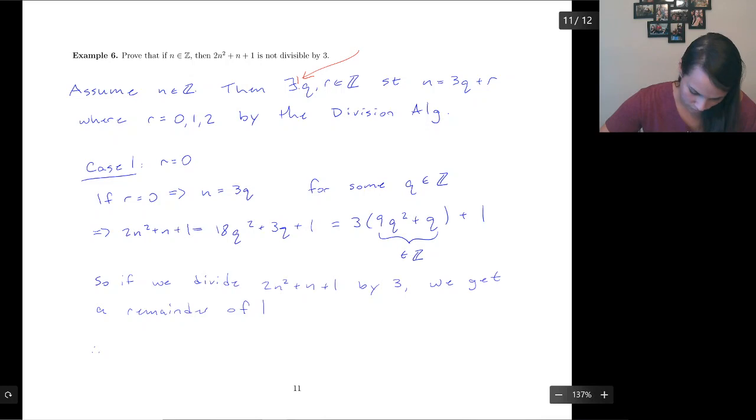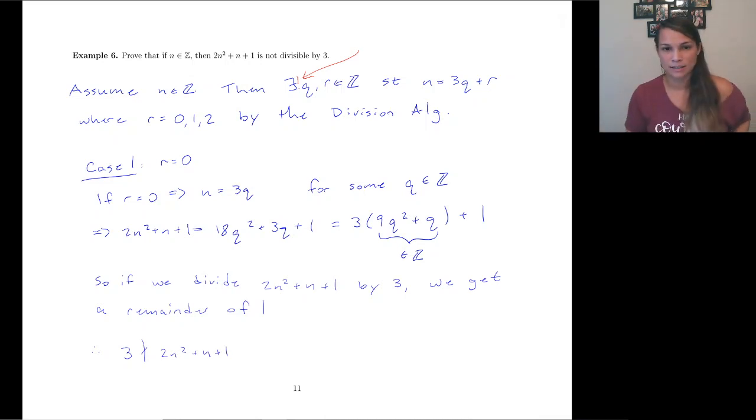Therefore, 3 does not divide 2n squared plus n plus 1. Okay, so that's one case. Now we have to do another case. Let's do the case when r is 1.